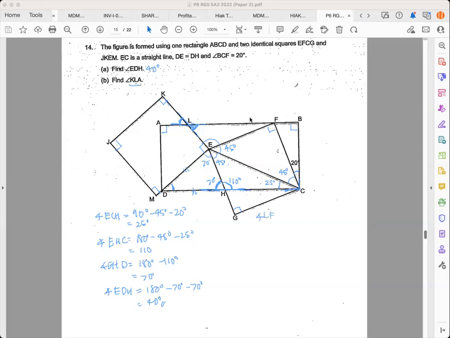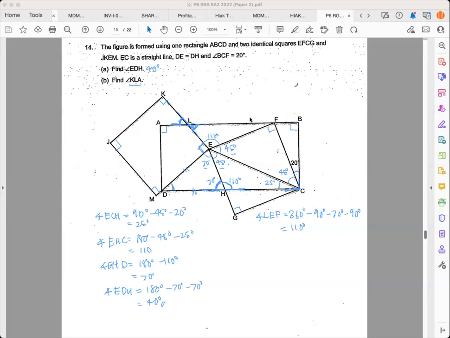Angle LEF is part of the angle at a point, and angles at a point add up to 360. I have to minus away the rest of the angles, which are 90 degrees, 70 degrees, 45, 45, which is 90. So 360 minus 90 minus 70 minus 90. I get 110. So this is 110.